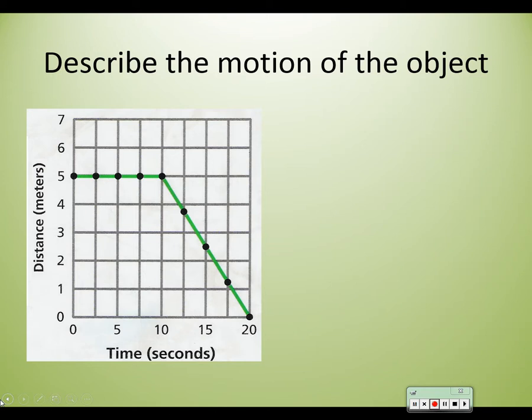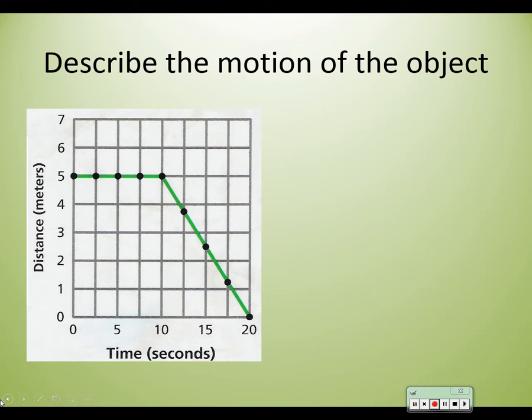All right, let's discuss. This graph starts off how? At rest. Then what happens? It goes backwards. What do we see about the slope in the second portion of this graph?